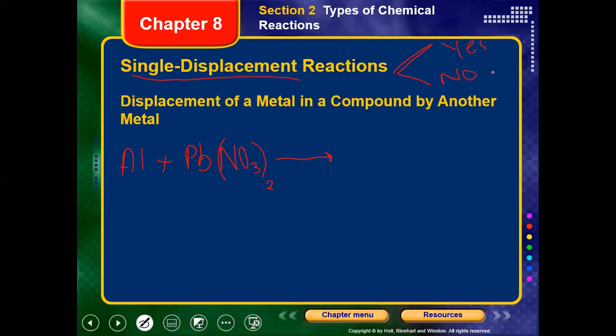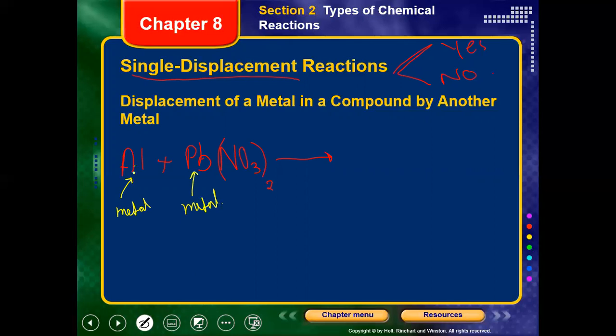How can I decide? We decide based on the given elements. This is a metal, so the metal will fight with another element from the same category, another metal.